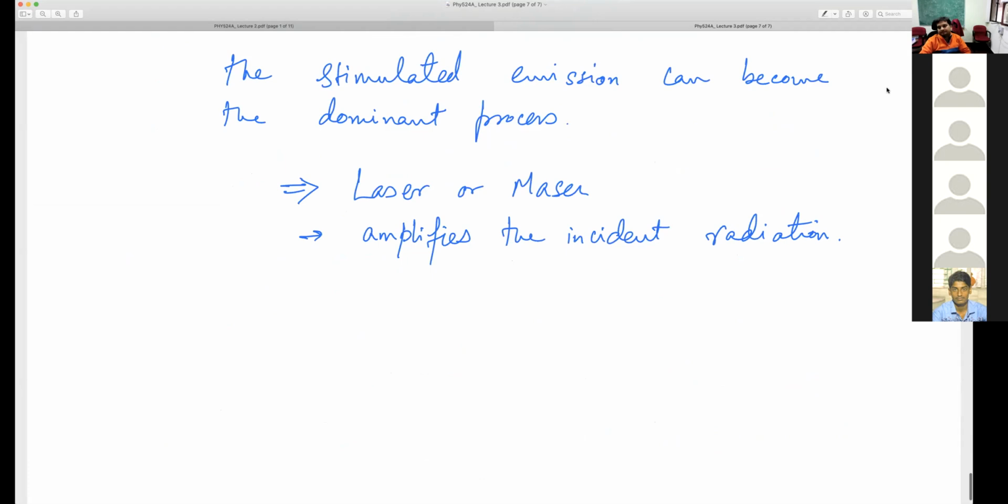Questions? Is a laser or maser the same thing? Laser and maser are slightly different, so I'll tell you more about maser in the next class. I'll also have to look it up. So maser is not the same as laser. Does any of you know about maser a bit? Maybe somebody can help.